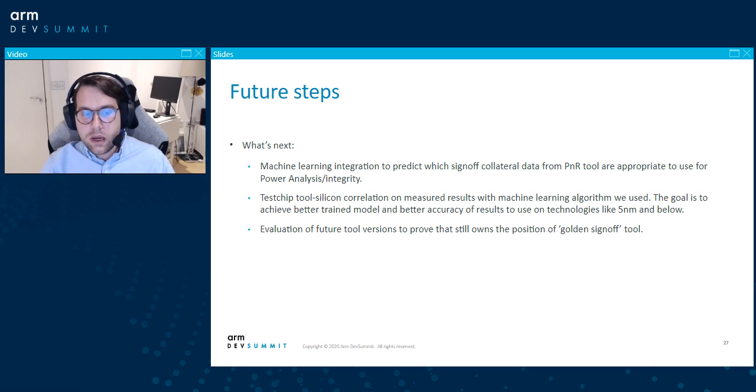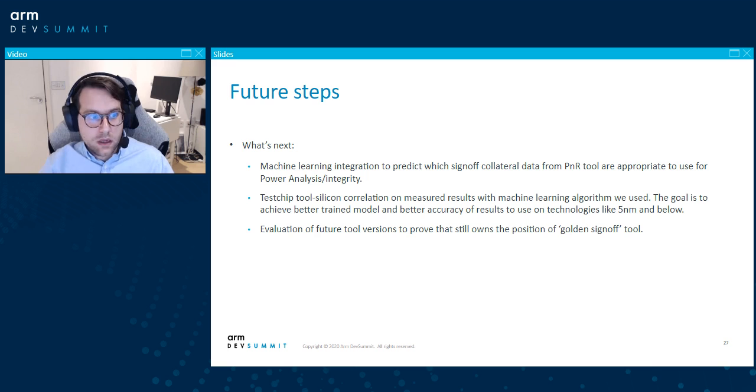After we build this machine learning data pool, and we build the machine learning algorithm on top of that, we will be able to predict the drop behavior of the corner combinations that we will have for technology nodes like 5, 3 nanometer, 7, and going downwards. These are technologies that we might not be that familiar with, as not that many fabricated products have come out of these technologies.